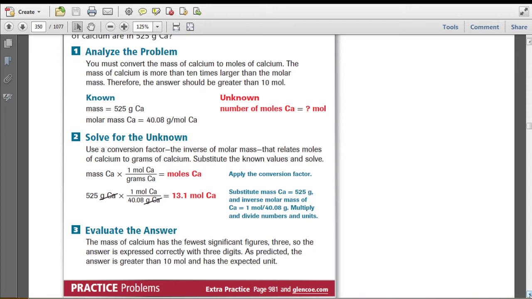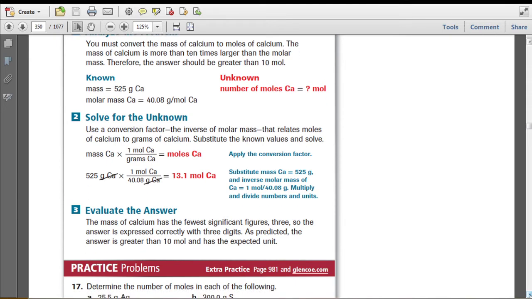In this case, it's going to be the inverse of molar mass that relates moles of calcium to grams of calcium. So let's take 525 grams of calcium and multiply that by the conversion factor of 1 mole over the molar mass. When you do your arithmetic, you should get something in the ballpark of 13.1 moles of calcium.